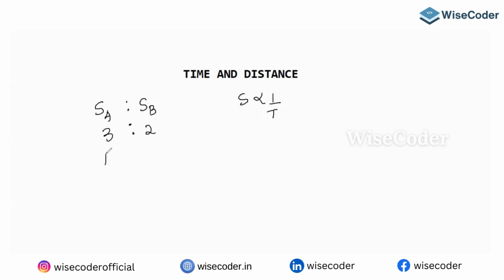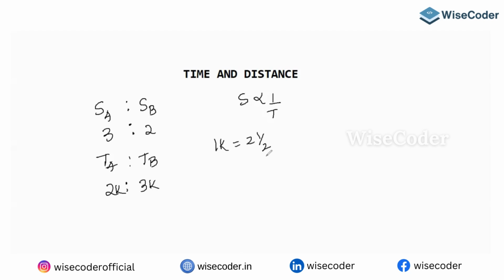So here also, the time taken by A to the time taken by B is in the ratio 2 is to 3. According to the question, B is taking 2.5 hours more than A. So the difference, 1K, equals 2.5 hours.